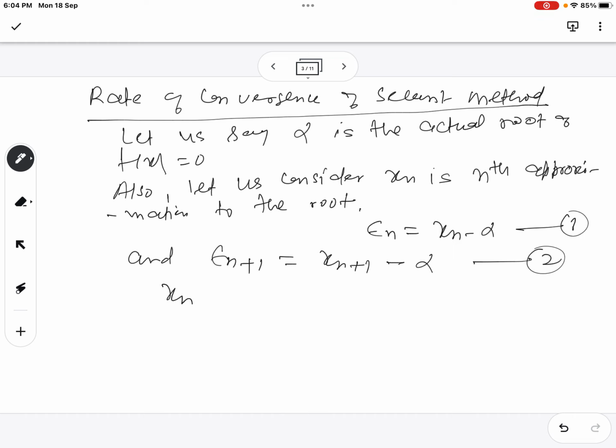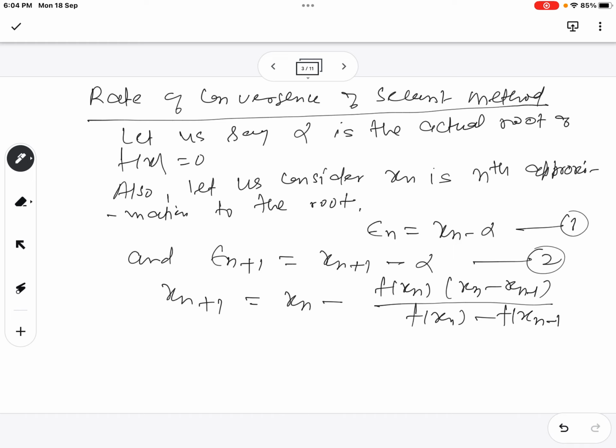Now we have x(n+1) equals xn minus f(xn)(xn minus x(n-1)) divided by (f(xn) minus f(x(n-1))). What I do, I subtract alpha from both the right as well as the left hand side.